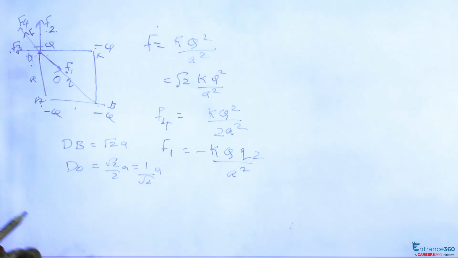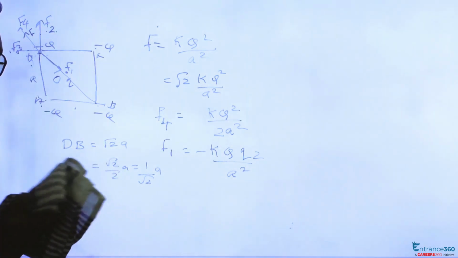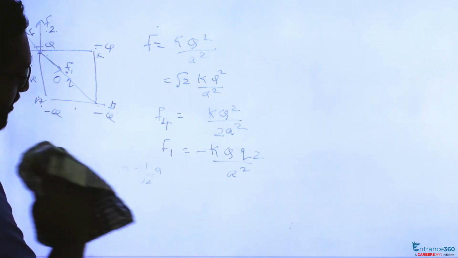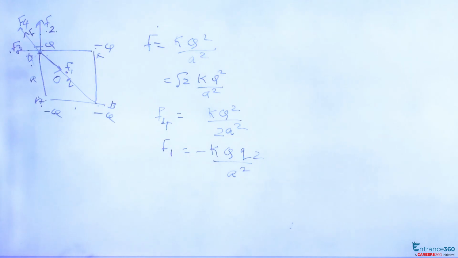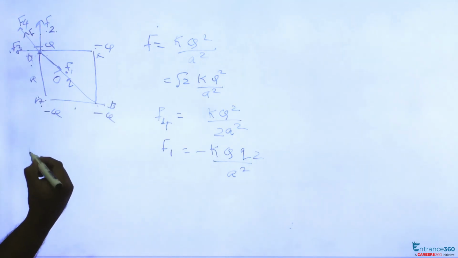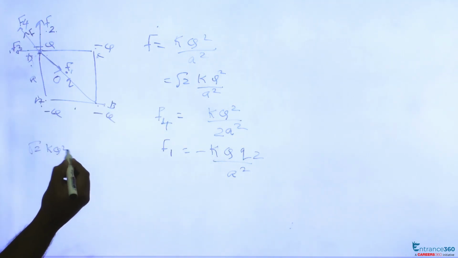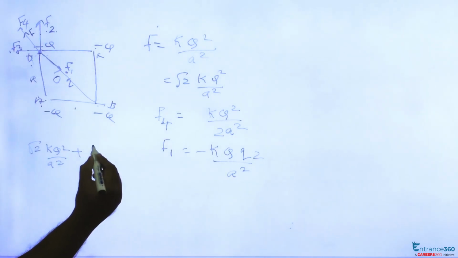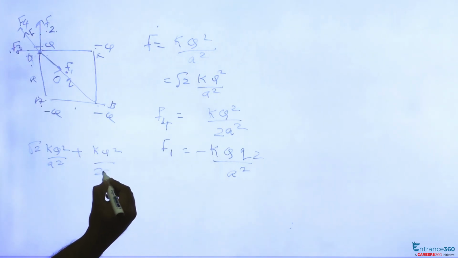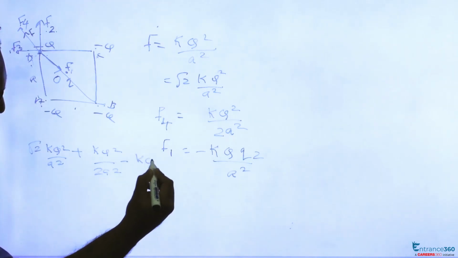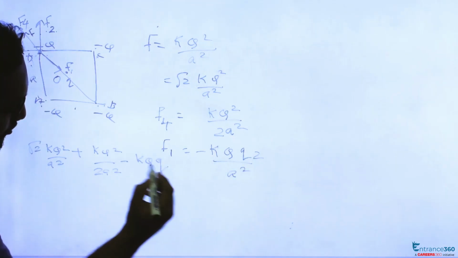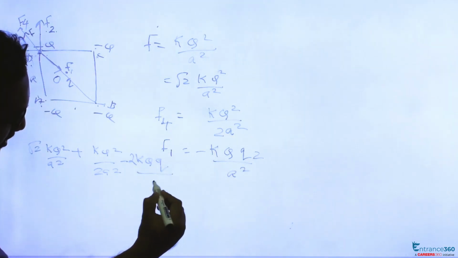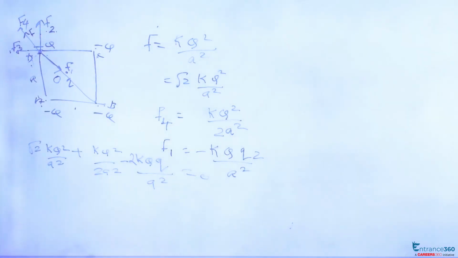Now we have to add all the forces and equate to 0 for the condition of equilibrium. So we add all the forces: root 2 K Q square by A square plus K Q square by 2A square minus 2 K Q q by A square, which is equal to 0.